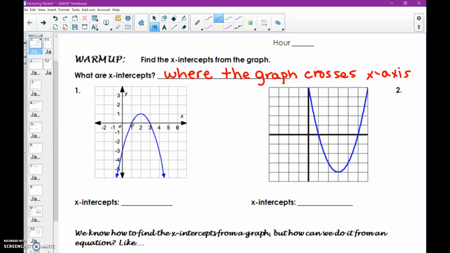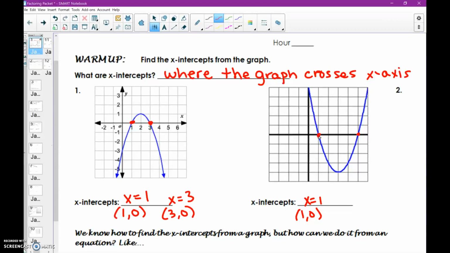So in our first 2 examples, we've got 2 of them in each, because our x-axis is this guy. So I've got, you can either write it as x equals 1, or you can write it as 1, 0, and then x equals 3 or 3, 0. They're pretty much the same thing.